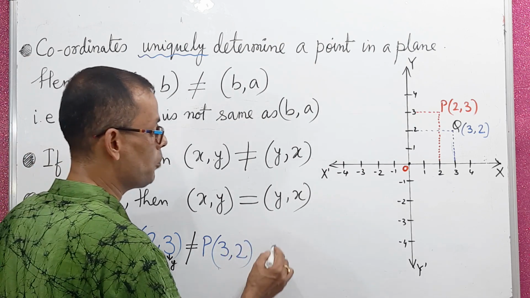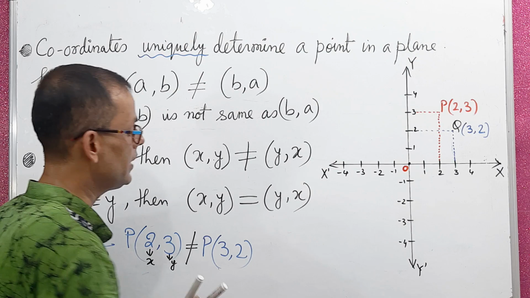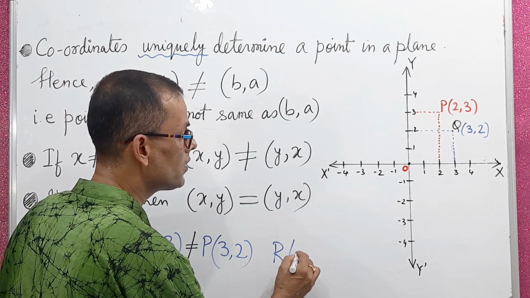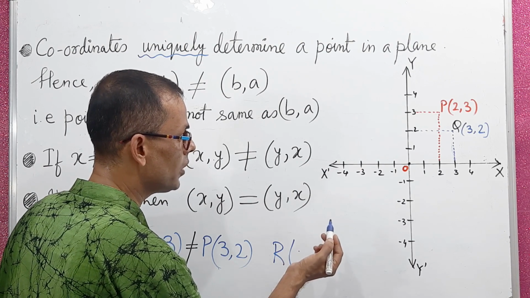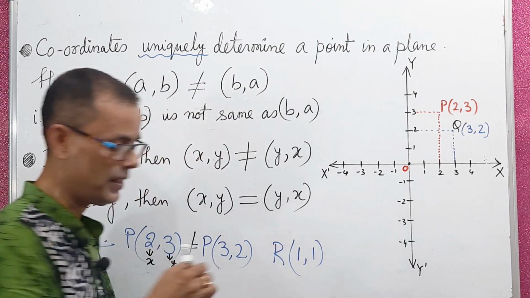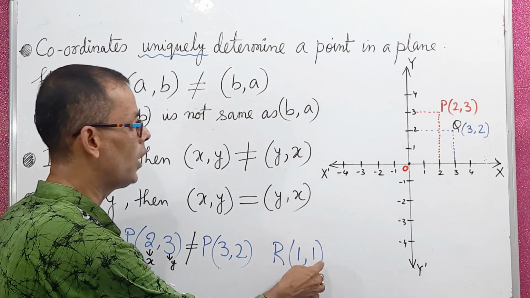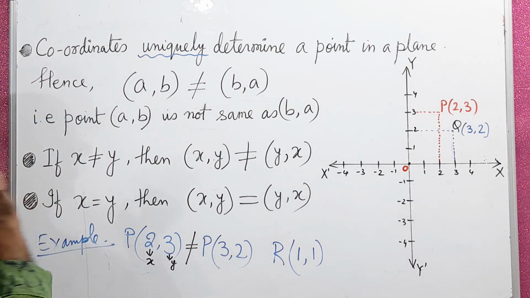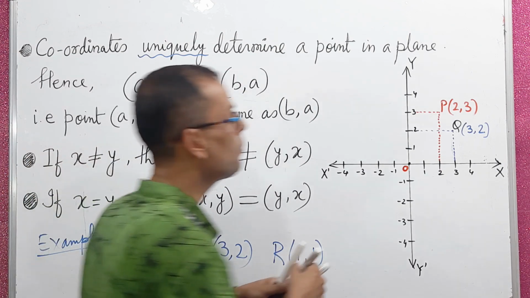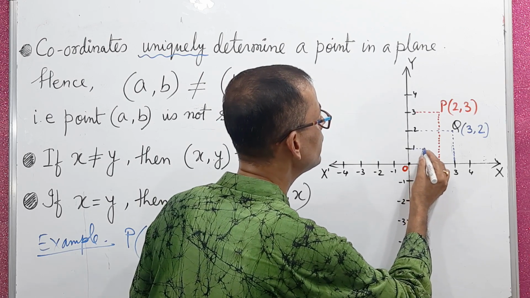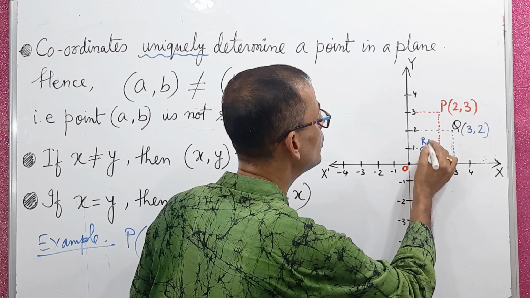Suppose I take another point R, and suppose I take 1 comma 1, that means x value and y value both are same. So x equal to y. So where will be the point? So (1, 1) will be here. So the point will be here. So R point will be (1, 1).